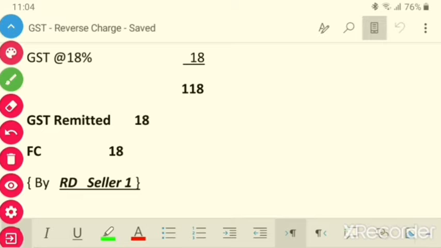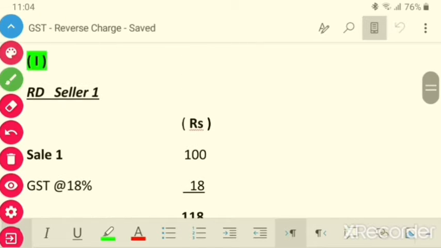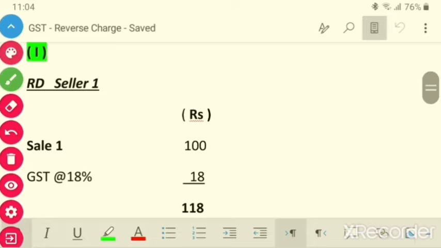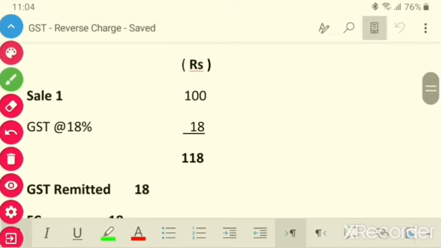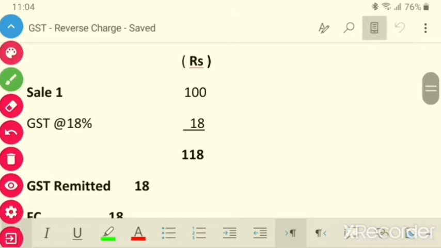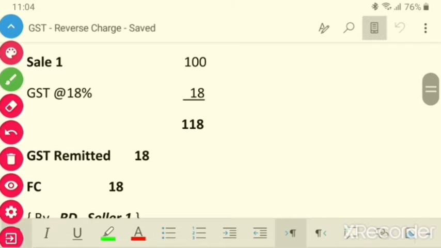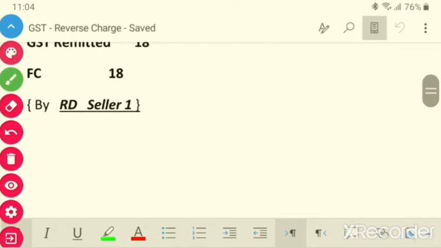Otherwise, whenever we speak about GST, we are talking about forward charge. So registered dealer seller 1, 118 is the sale value including tax. GST remitted is 18. Simple.